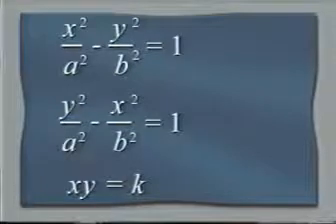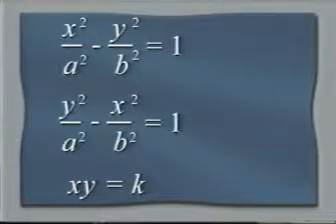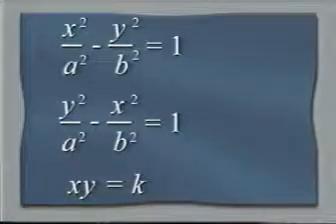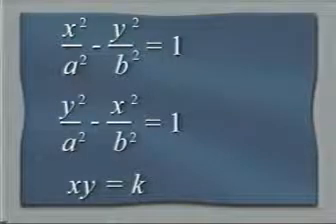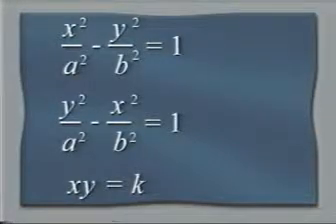Now, the question is, how do we recognize an equation of a hyperbola? Well, we notice that we have three equations on the graphic. The first is x squared over a squared minus y squared over b squared equals 1.